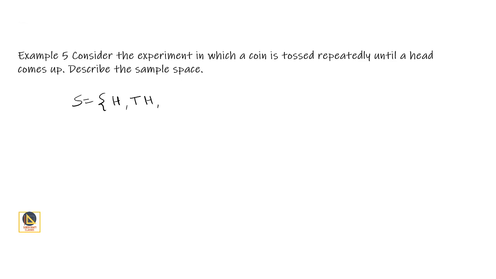And if tail comes, then it will be 2 times tail, and then the third time we may get head or tail. If head comes, we stop, and if tail comes, then we continue, and then we toss it for the 4th time, and if head comes, we stop, and this way we will go on tossing the coin till head comes.